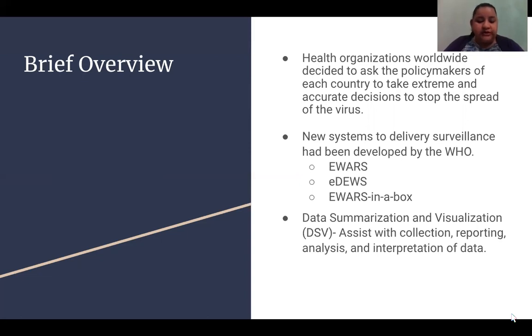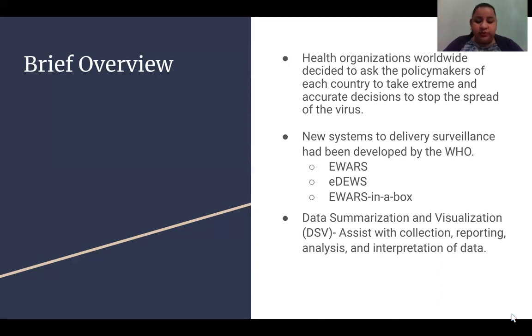Due to the quarantine at the beginning of the pandemic in many places, it was impossible to monitor the disease, so different alternatives had to be found to carry out the follow-up of patients and those with whom they had been in contact. The WHO had made new systems to continue with the surveillance protocols that need to be carried out when a disease emerges.